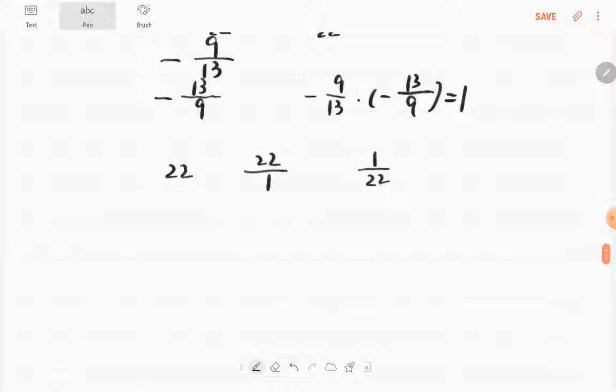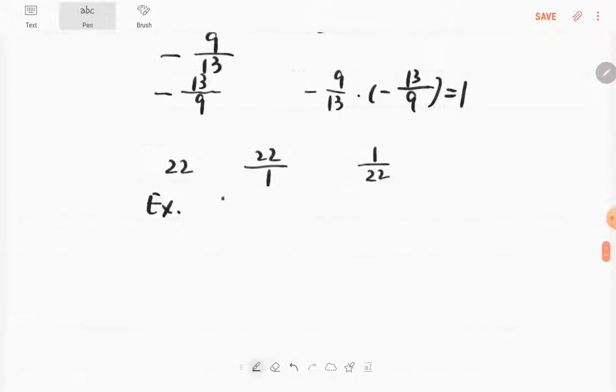Let's check another example. If we have a decimal, how can we get the reciprocal? We can treat it as a fraction. So first, 1.7 we can write like this, then it's just like 17/10, right? If it's 17/10, how can we get the reciprocal of this number?